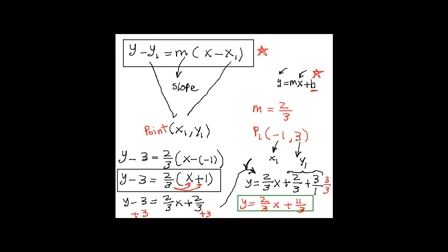So let's take a look at the equation in slope-intercept form, now that we find it. We have Y is equal to 2/3 X plus 11/3.